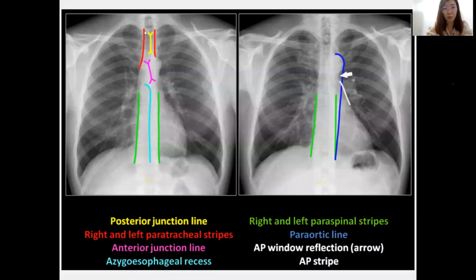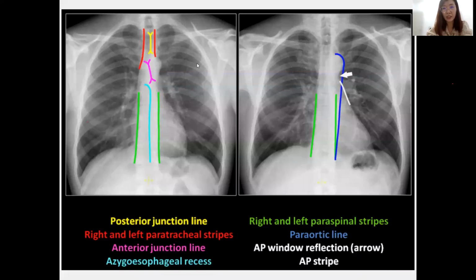Then the red color is the paratracheal stripe, which should be thin and nicely delineated just beside the spine. Then the azygoesophageal recess, which most of the time we don't see. The paraspinal line must be sharp and nice here. Then the para-aortic line, so look at the aortic and descending aorta margin. And this is the aortopulmonary window reflection.